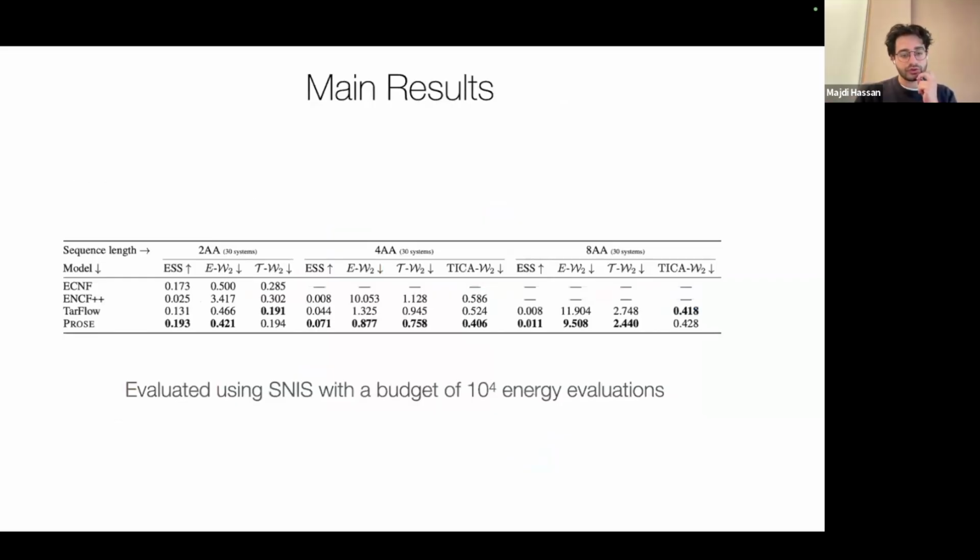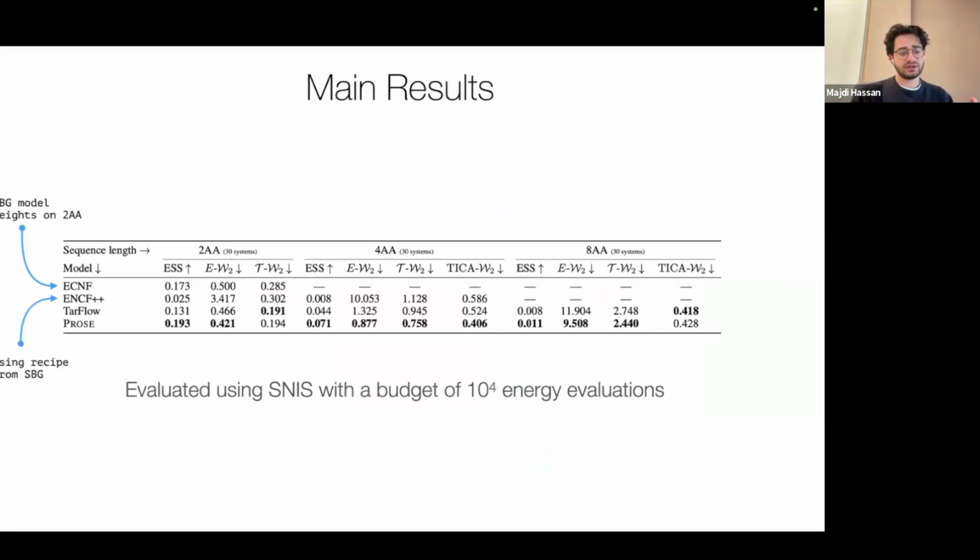And here are some numerical results. So given a fixed budget of 10K energy evaluations, we evaluate all these different models. ECNF takes the transferable Boltzmann generator model weights that were trained on dipeptides, and we just evaluate it on our evaluation data set.